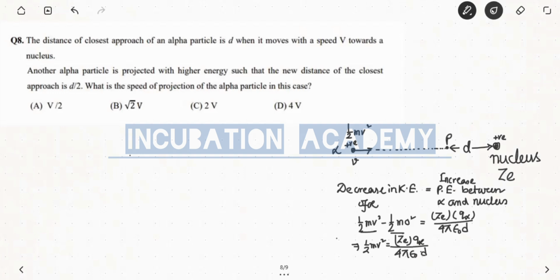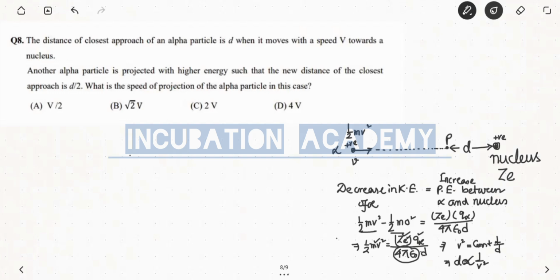Here m is the mass of the alpha particle, Z is the atomic number of the nucleus, e is the charge of the proton, 1.6 × 10 to the power minus 19, and q alpha is the alpha particle's charge. All are constant except v square. So we can say v square equals constant multiplied by 1 divided by d, or the distance of closest approach is inversely proportional to the square of the velocity.